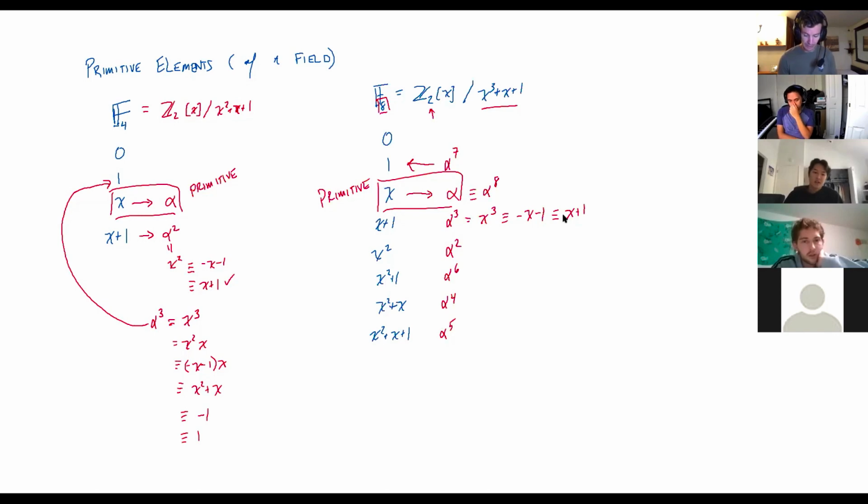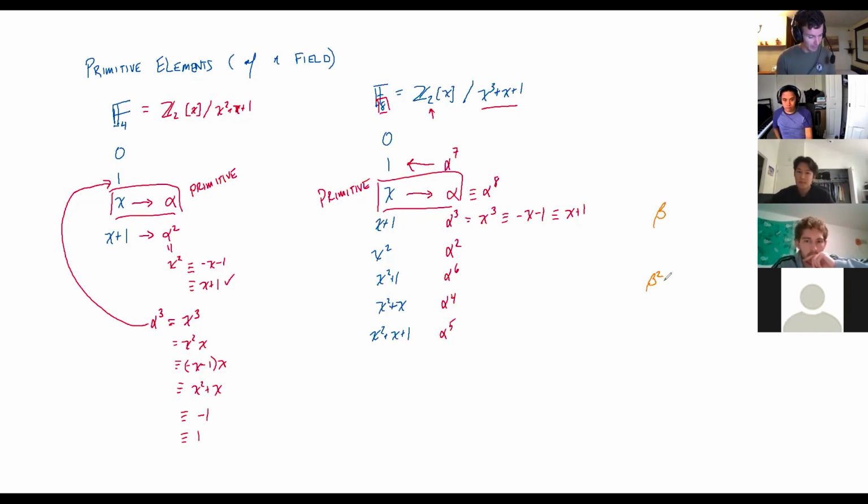Another way is to just try it, call that one beta, and then I think you end up with this guy being beta squared. So the definition of a primitive element is an element which, if you raise it to enough powers, you hit every element of the field. Or truly, you get back to 1.